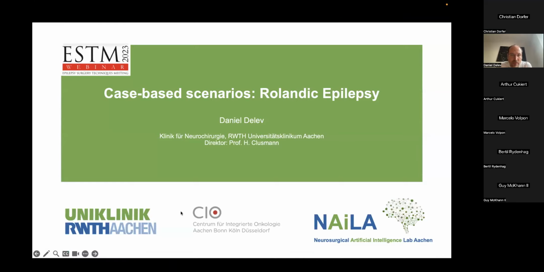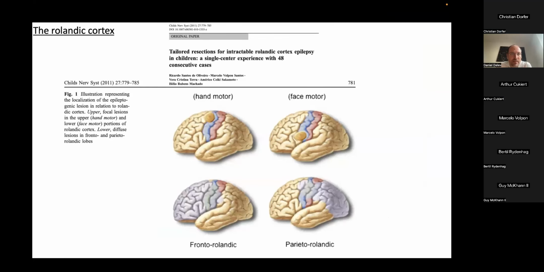So it's about Rolandic epilepsy case-based scenarios. I think it's good just to start with a very short definition of the Rolandic cortex. It's this very good image from the landmark paper of Ricardo de Oliveira, where he reported about Rolandic resections in pediatric cases. Most of the time we would see this as a gyrus, the precentral gyrus, the postcentral gyrus.